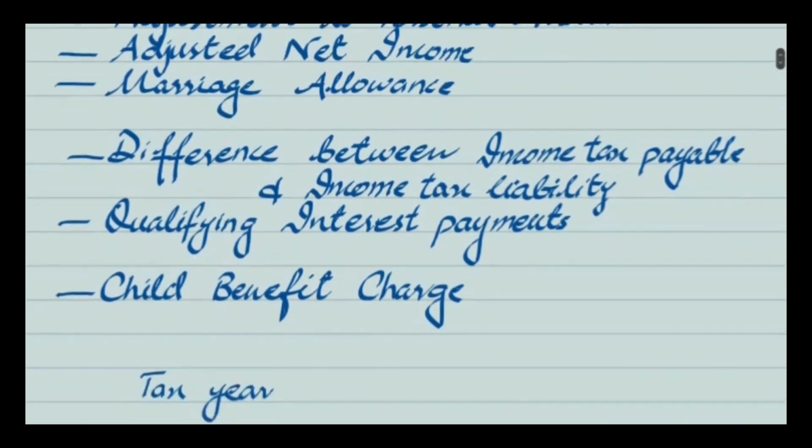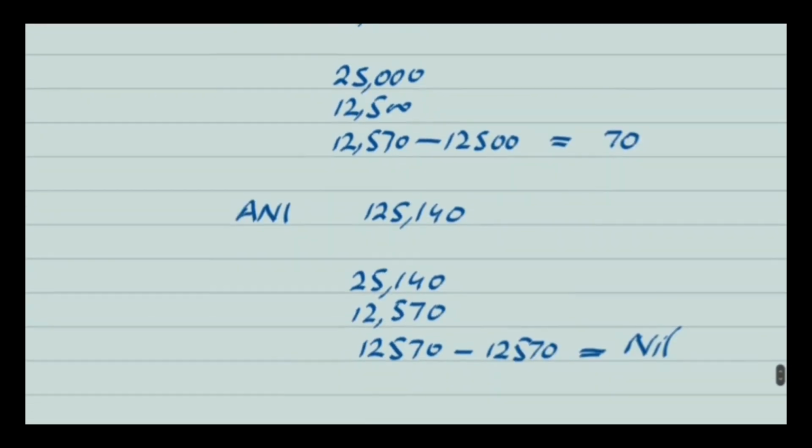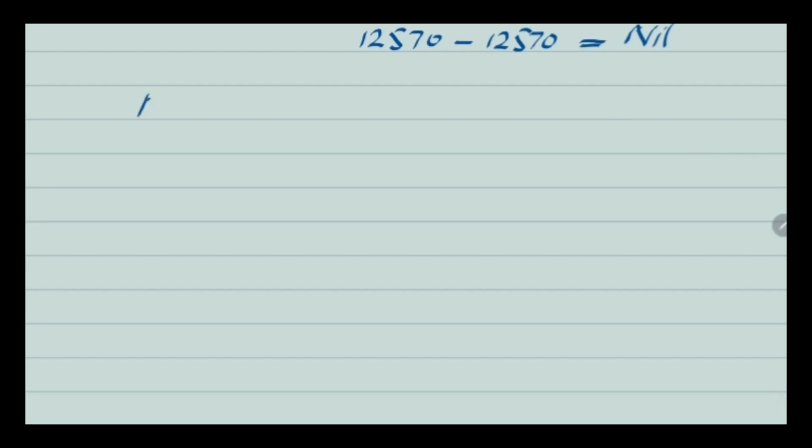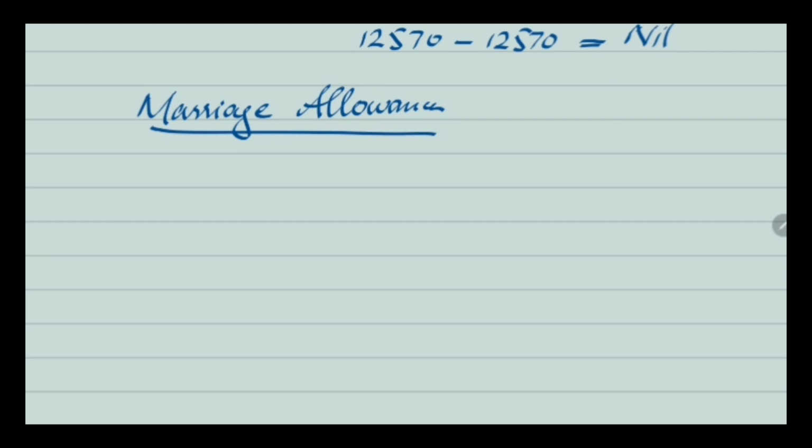So next is marriage allowance. If you are married or in a civil partnership, one of you can transfer up to 1260 of your personal allowance to the other.